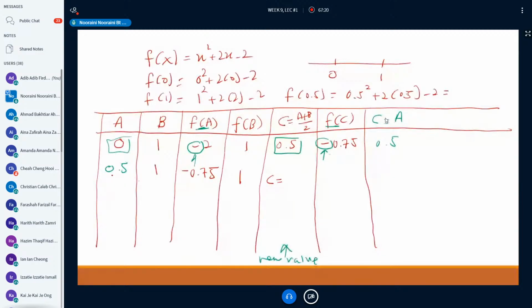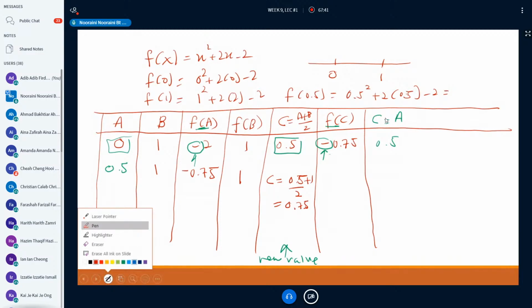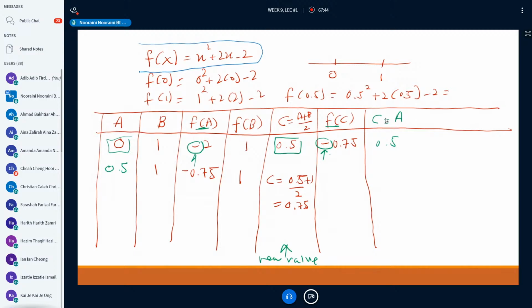And you need to get your C. C here, the current one, is 0.5 plus 1 over 2, so here we should get 0.75. You also need to get FC, meaning you substitute into your function f. You need to apply this function a lot. What we get here is 0.0625.